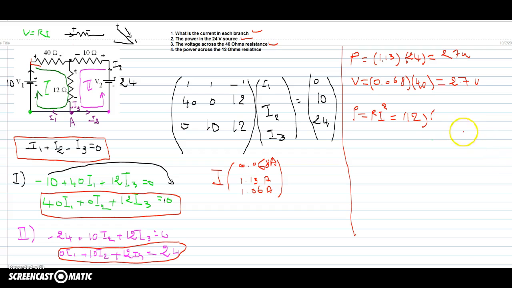The I1 is 0.068 squared. So this is 12 times 0.068 squared, so it is equal to 0.05.